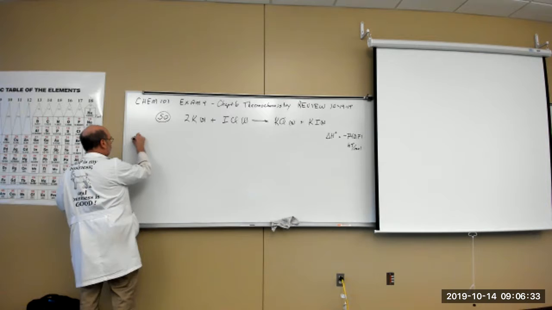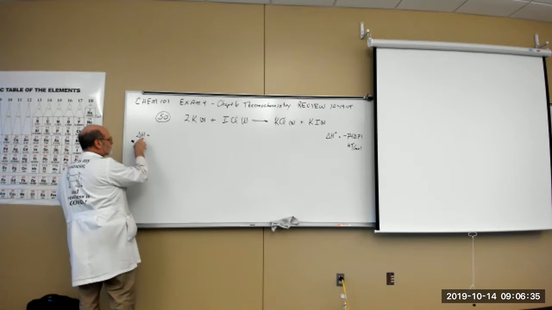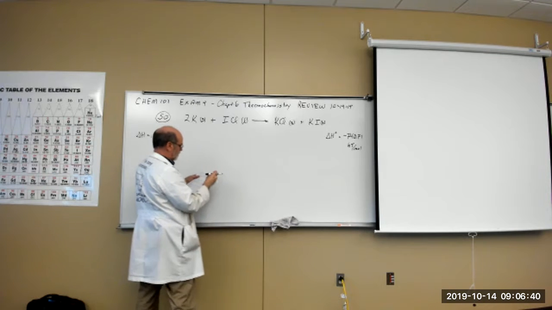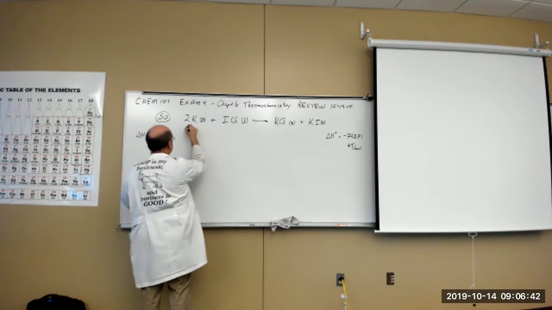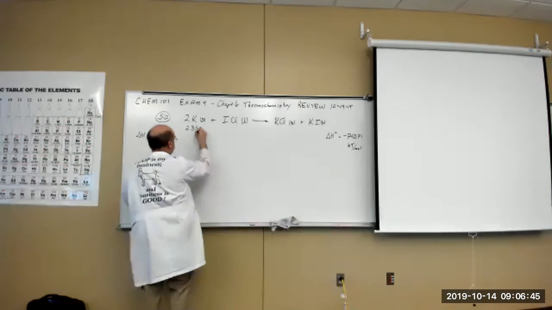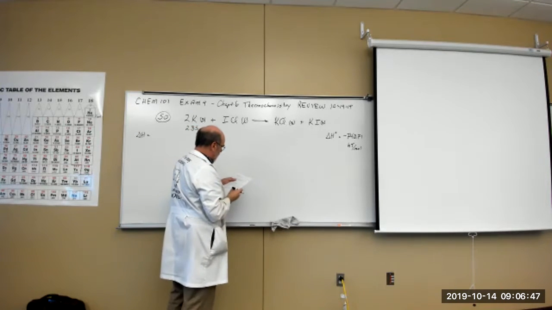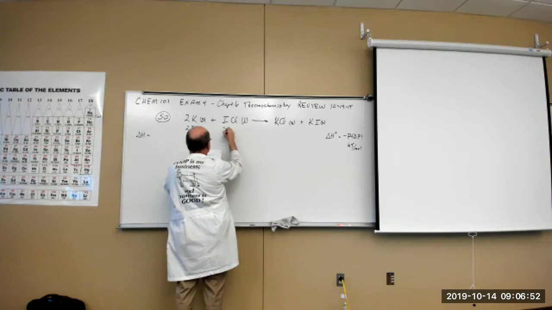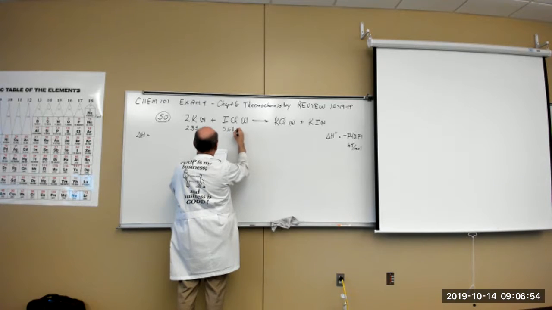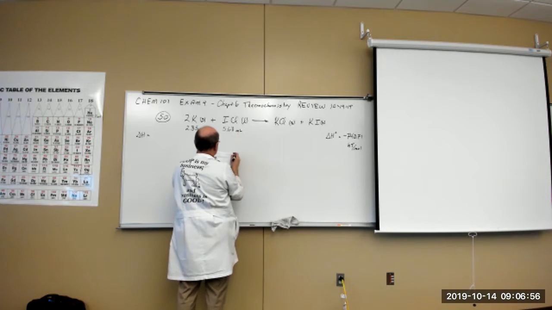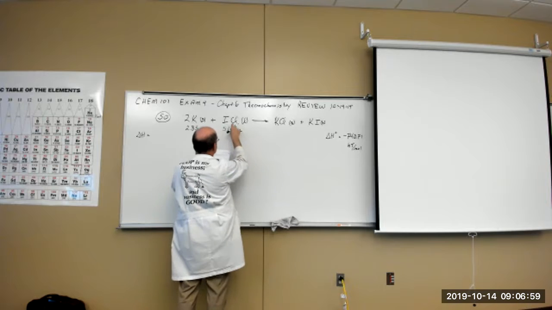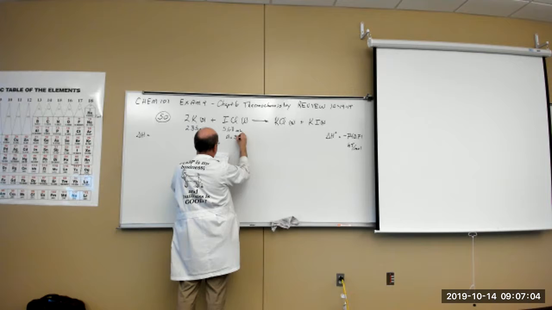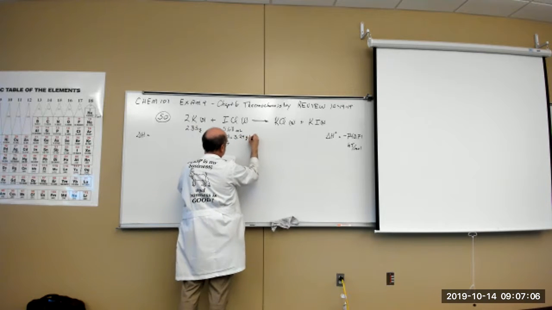So what we really want to know is what's the delta H for the reaction when we're given these conditions. 2.35 grams of potassium, okay, and 5.68 milliliters of liquid iodine monochloride, and the density is 3.24 grams per mil.